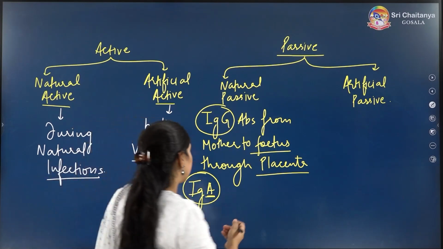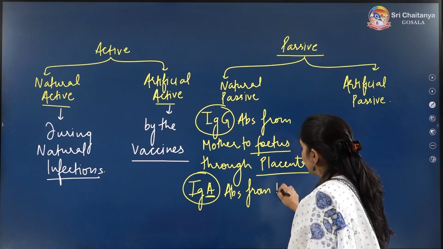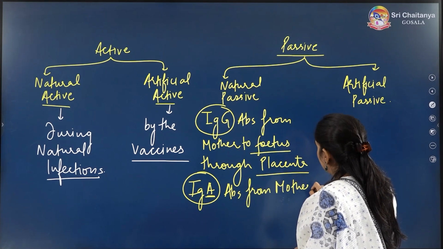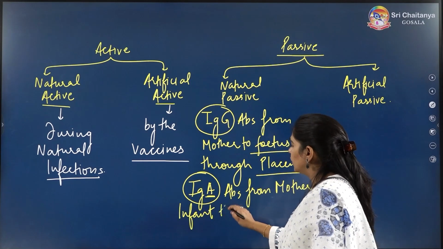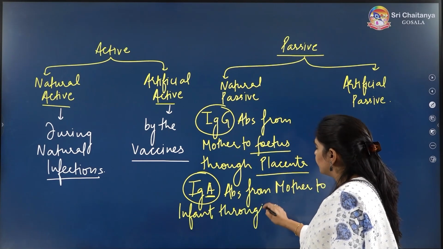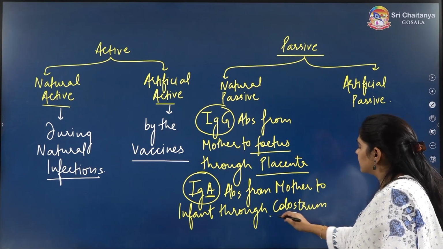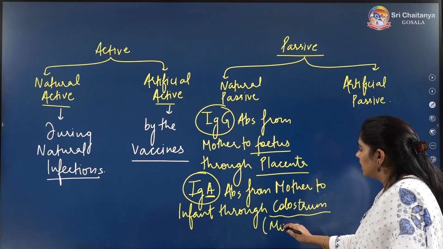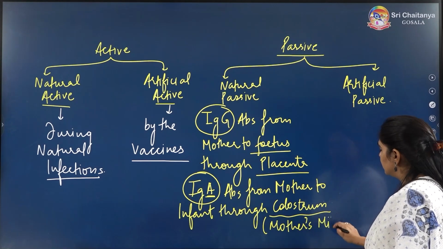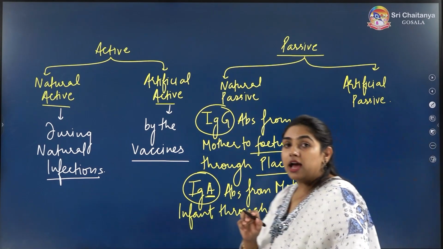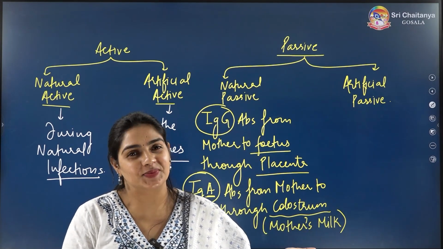So these IgA antibodies are coming from mother to infant through colostrum, through mother's milk, which can also be called colostrum. What is colostrum, everyone? Mother's milk. Okay, so your mother has done a lot for you, which your fathers can never do, right?